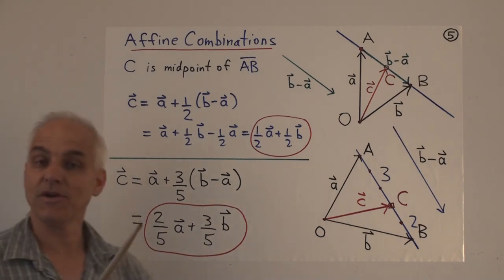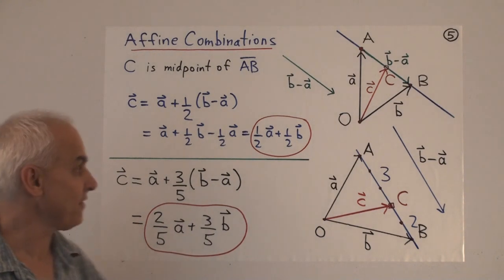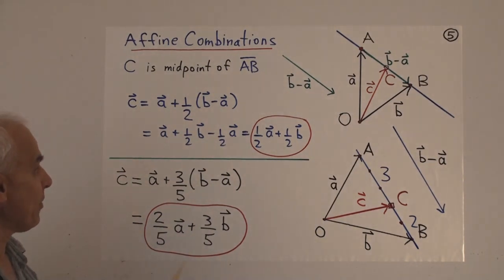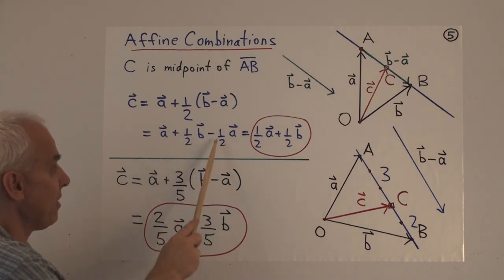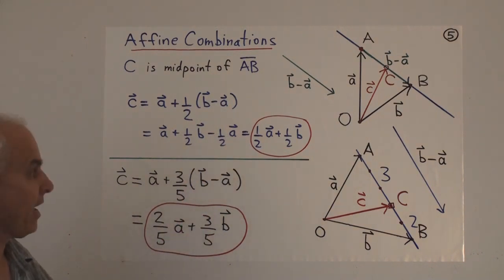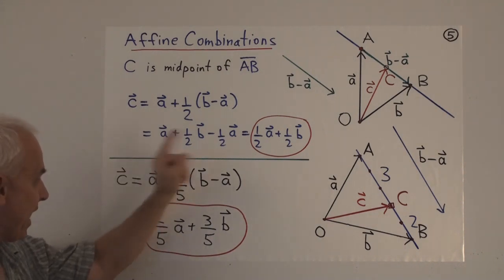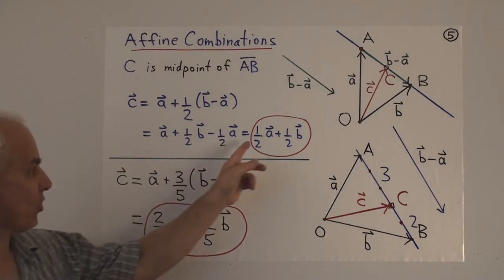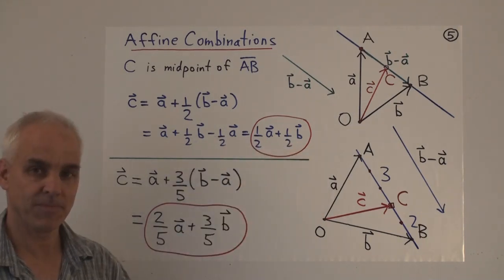And now we use the rules or the laws for vector arithmetic that we talked about in the last slide. We can write the 1/2 of b minus a as 1/2 of b minus 1/2 of a. And then we can interchange these and then combine that a with a minus half of a to get a total of 1/2 of a plus 1/2 of b.